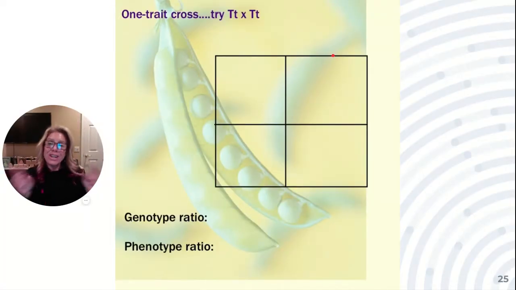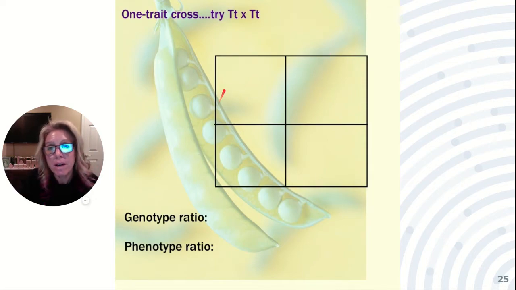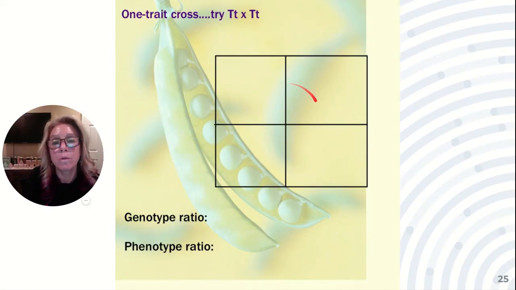Remember in meiosis, law of segregation, right? And then you do the same thing here for the male. And then what you put in the center right here are all their possible offspring. It doesn't mean they're going to have 4 offspring. They could have 4,000 offspring. But what are all the possibilities? What could they create? You're putting it here by lining up each gamete with another potential gamete.